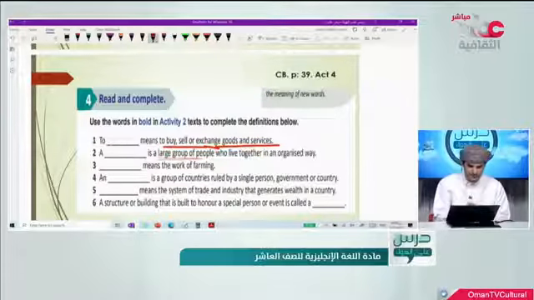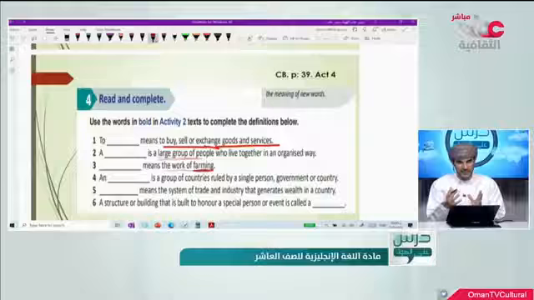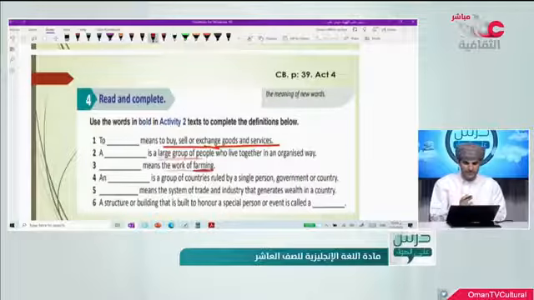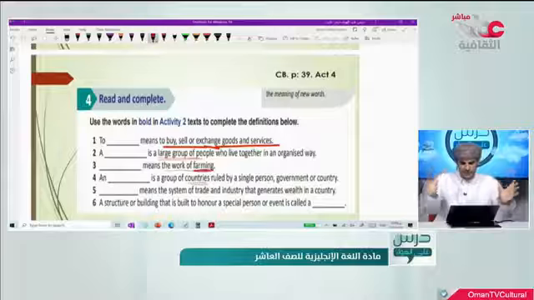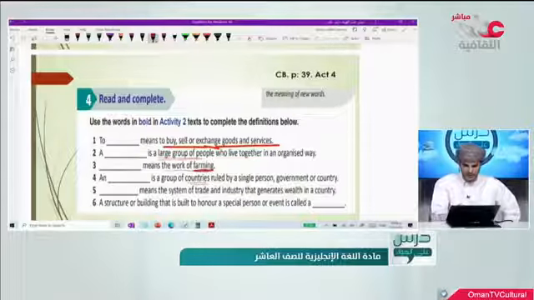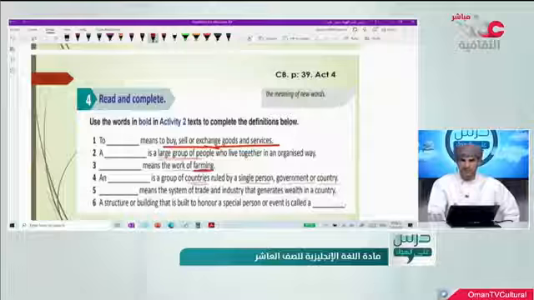3. Means the work of farming. Okay, farming, farmers, farm. What do you call that? 4. And what is a group of countries? Be careful, not people, countries ruled by a single person, or government, or a country.